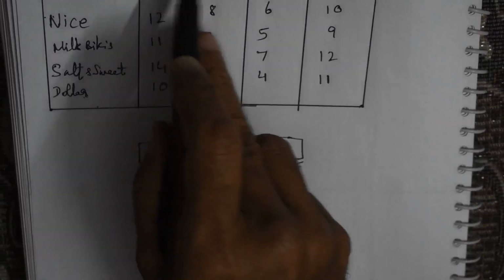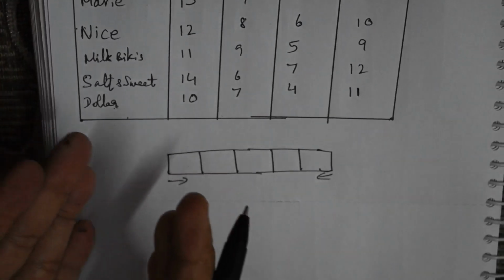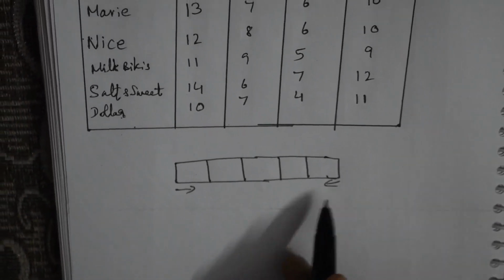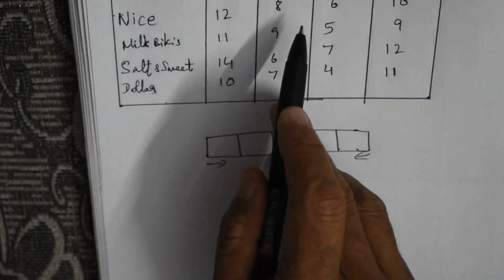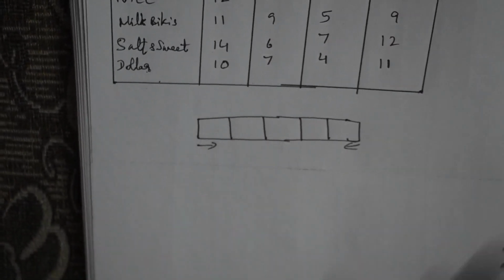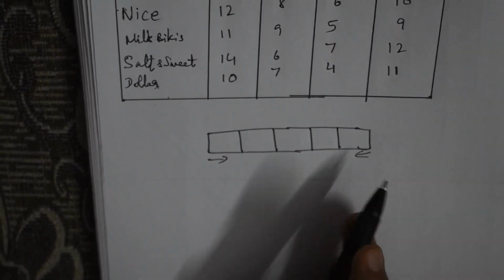But now there are 4 machines. We cannot take 4 machines into this. We should have only 2 machines. So we are going to convert these 4 machines into a 2 machine model. How to convert this into a 2 machine model?